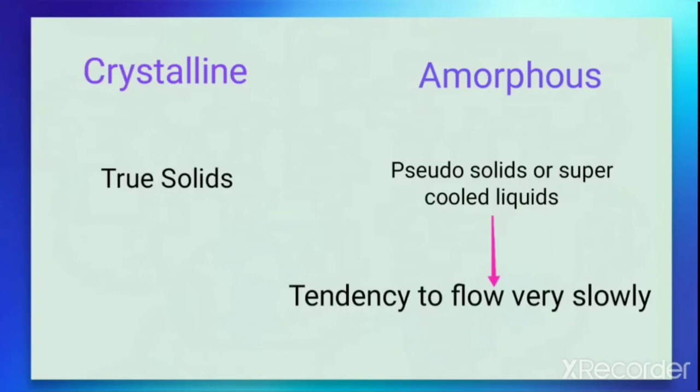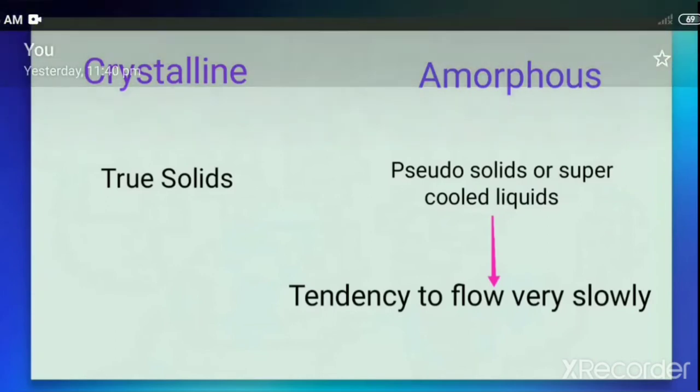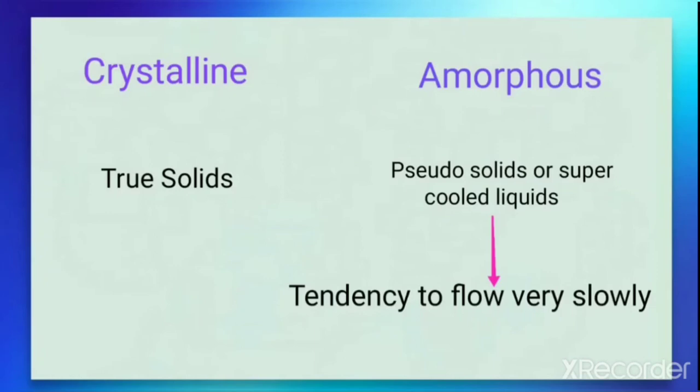So when that glass has been fitted in the windows of an old building for long years, it is actually flowing very slowly. When it flows, it becomes thicker at the bottom and thinner at the top.